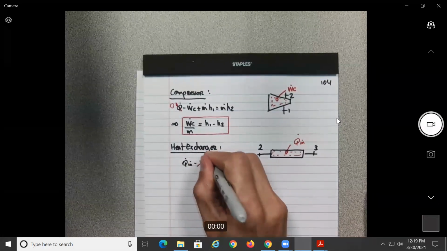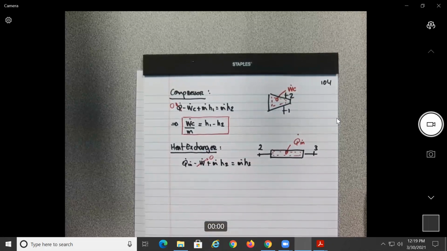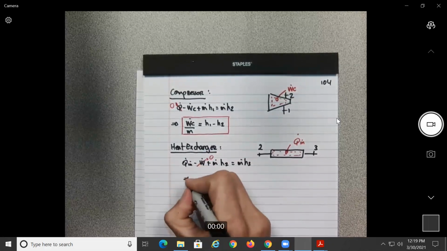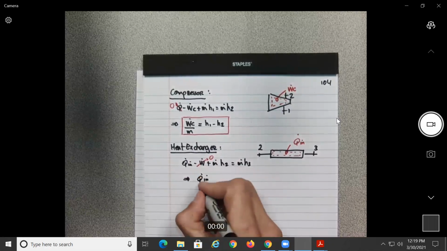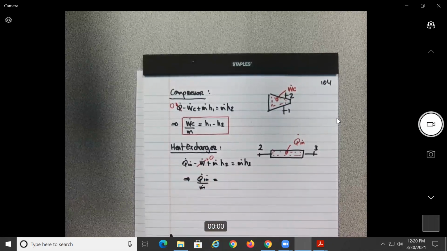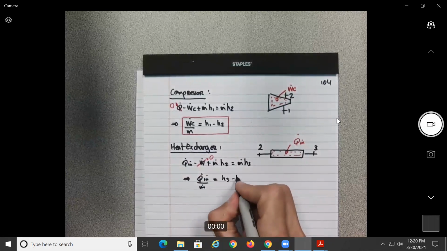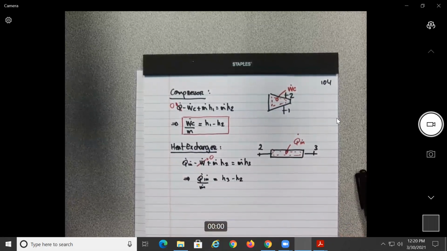So this time, this is 0. So we're going to have that Q in per unit mass, if you want, M dot will be equal to what? H3 minus H2.